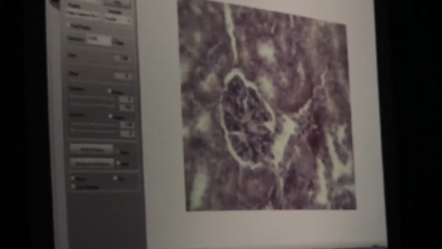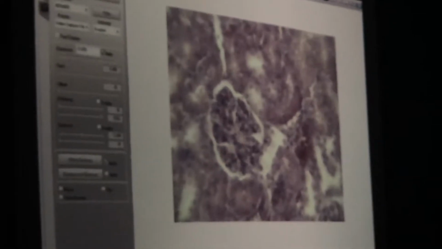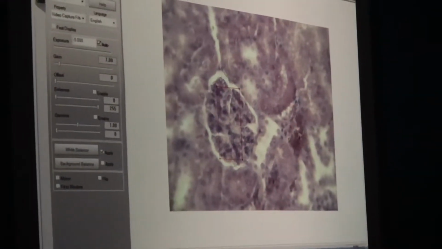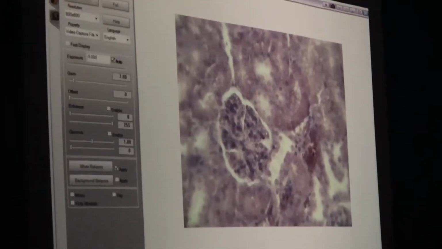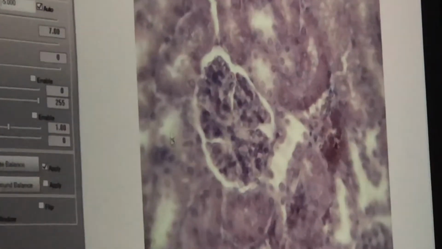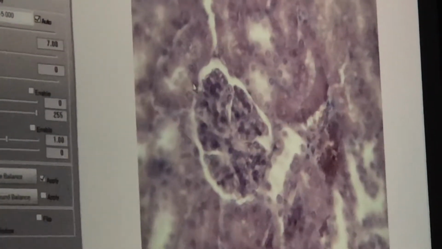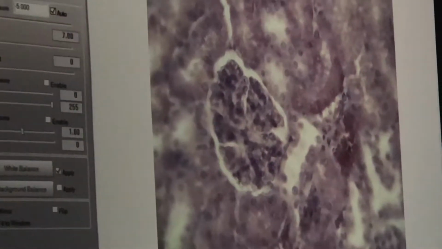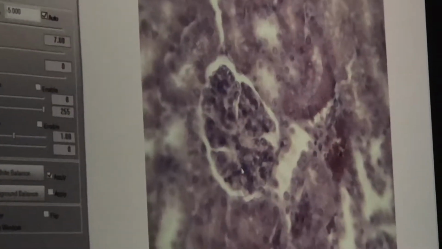There's one. All right, so the stuff that's in the middle here is going to be what? That's a glomerulus. And then the white space that we're seeing here is going to be probably the space around the Bowman's capsule. So the parietal layer of Bowman's capsule is going to be around the outside here. The visceral layer, remember, sits right on top of the glomerulus. All right?